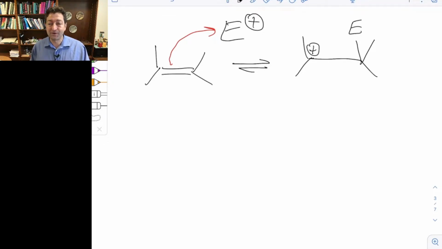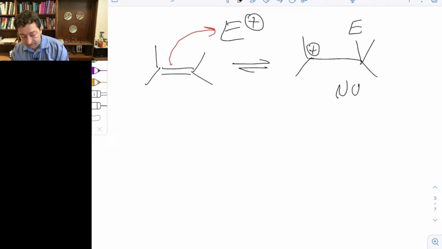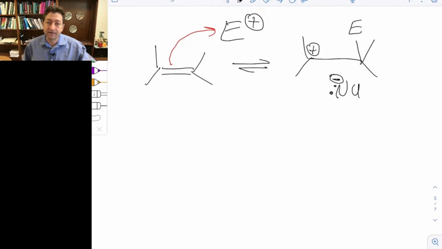And we've just spent a lot of time in Chapter 7 talking about carbocations, their relative stability, and the kinds of things they can do. So we'll see quite a bit of that material again here as we talk about these mechanisms for eliminations. And then we could imagine here a nucleophile, and I'll put a negative charge on the nucleophile, but of course we know that there are nucleophiles that don't necessarily have to carry a negative charge. We'll see some examples of those here.